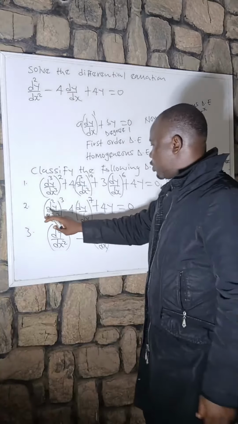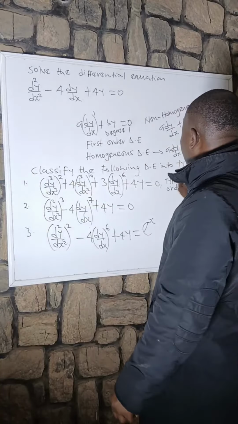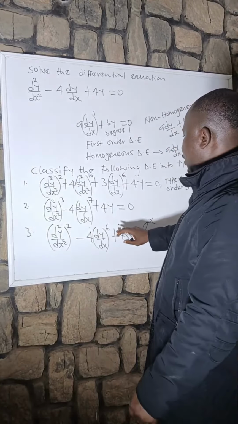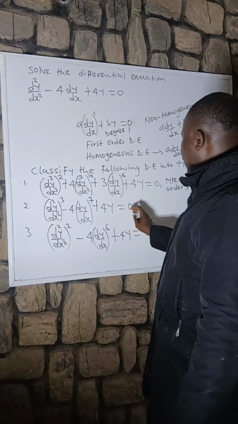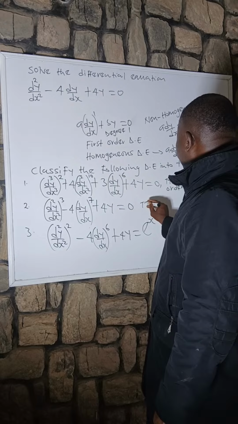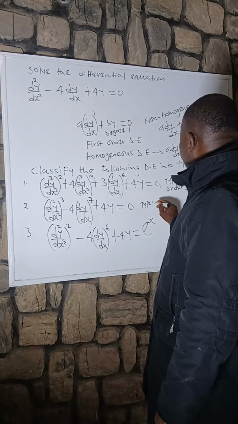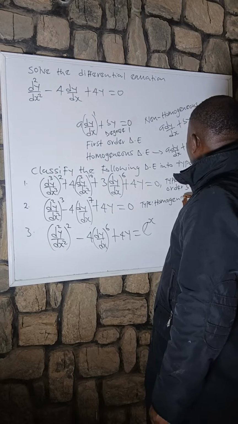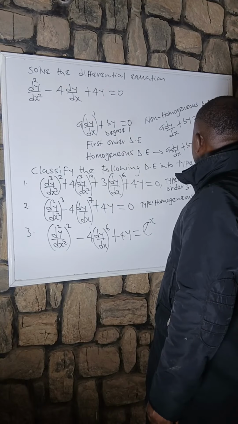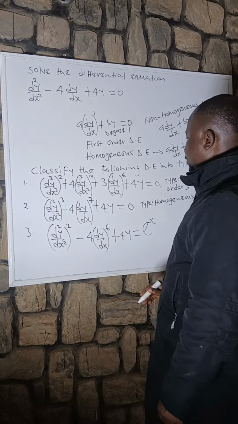Then let's come to this one. With what we have done so far, you don't need a prophet to tell you. So what is the type of this differential equation? Since it is equal to 0, the type is homogeneous, true or false? Homogeneous DE, differential equation.